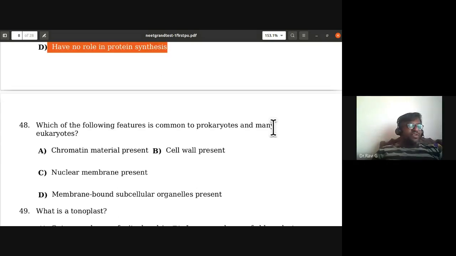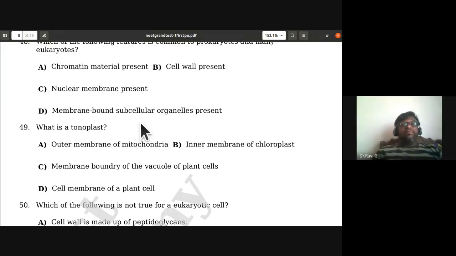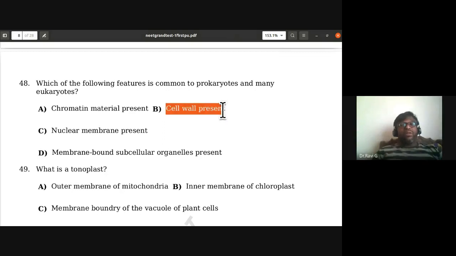which of the following features is common to prokaryotes and many eukaryotes? Is it chromatin material present, cell wall present, nuclear membrane present, membrane bound subcellular organelles present? See, cell wall is present in majority of prokaryotes and many eukaryotes. Except for the animal kingdom, almost all of them have cell wall.